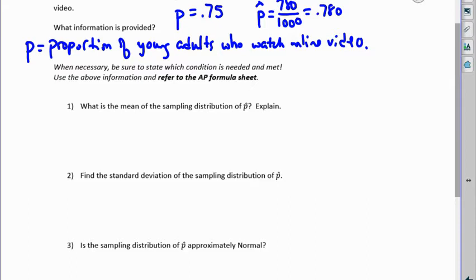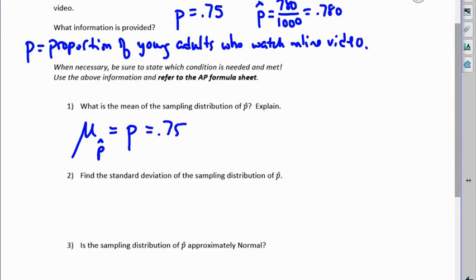Okay, so what is the mean of the sampling distribution of p-hat? So we're going to look at the formula sheet. We're going to see if a condition is needed for this. On our formula sheet, it says that the mean of the sampling distribution of p-hat will be p. So look up above, and which variable did you define as p? 0.75.